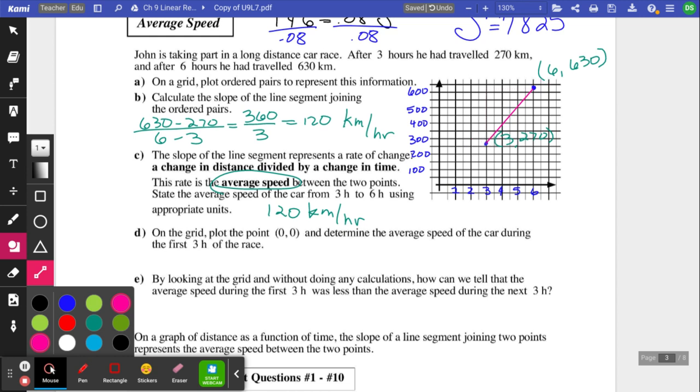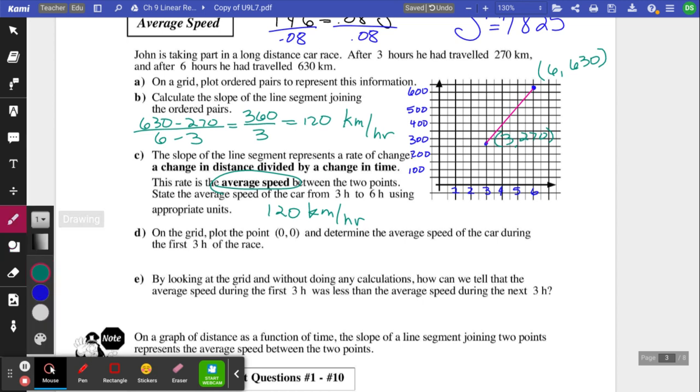Then it says on the grid, plot the point 0, 0, and determine the average speed, or AKA the slope. Find the average speed during the first 3 hours. Is it the same? I don't know. Mine kind of looks like it is the same, but I think maybe it has a little bend in it. Let's go find out.